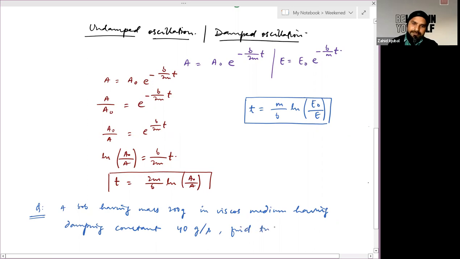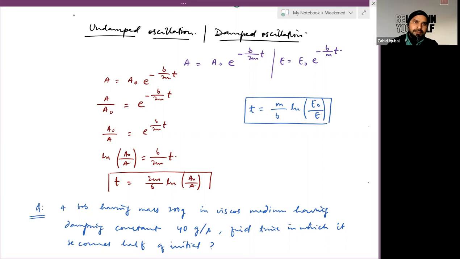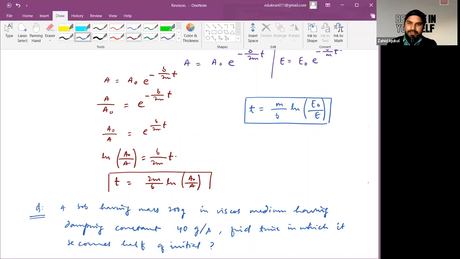Find the time in which its amplitude becomes half of the initial. Let me define how to solve.